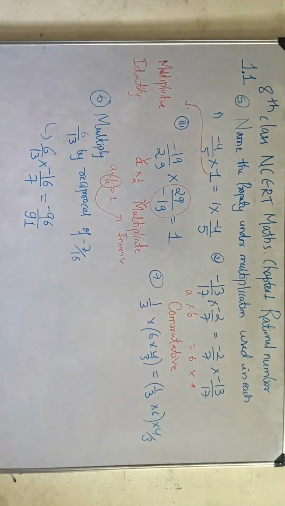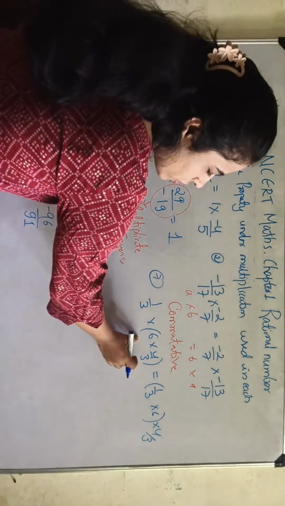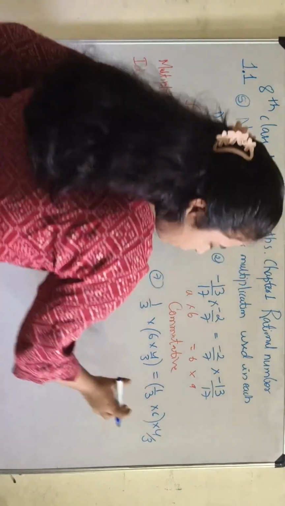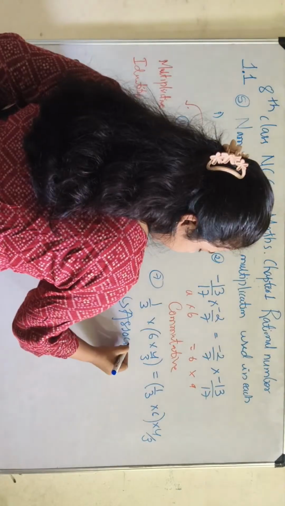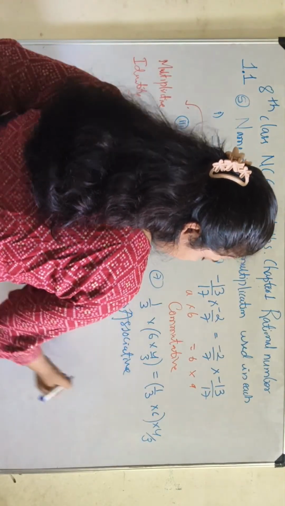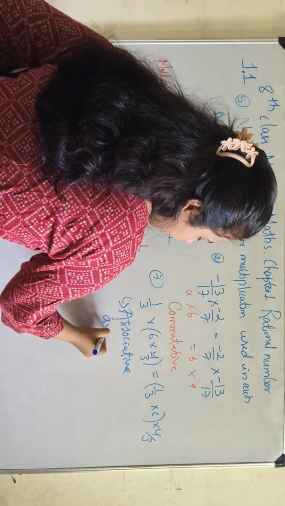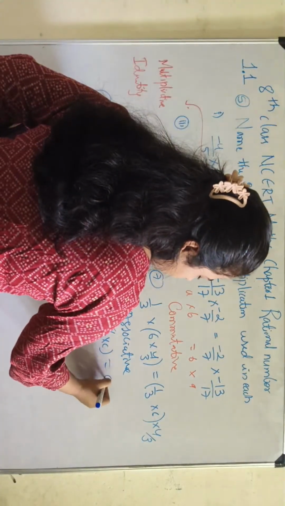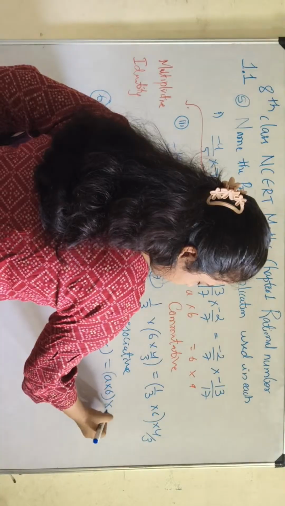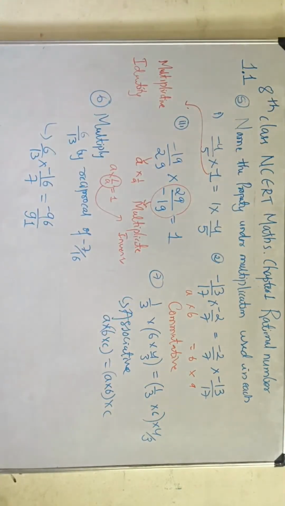Here there are 3 numbers, and either you multiply these two first or you multiply the other two first. This is an associative property, right? The associative property in the case of multiplication is A into B cross C, either you multiply this bracket first, or A cross B into C. This is the associative property in the 7th question.